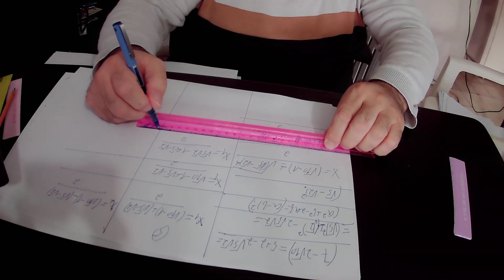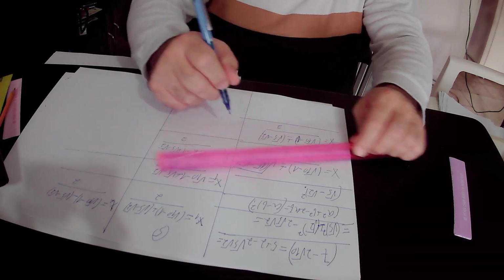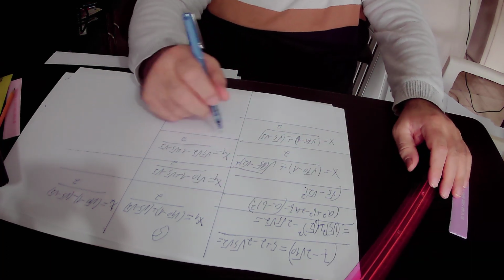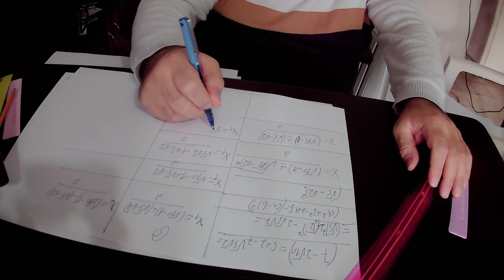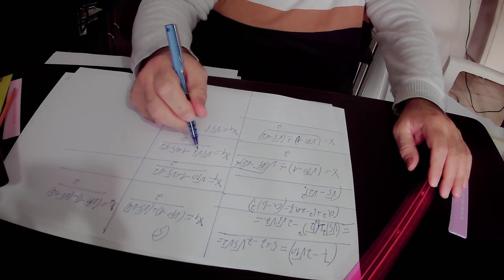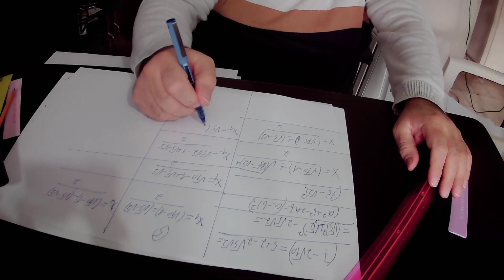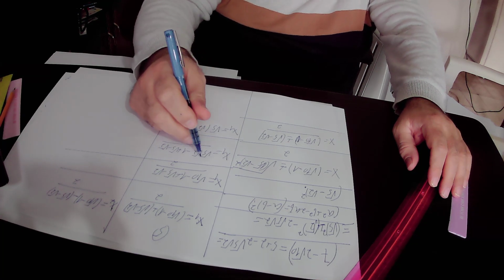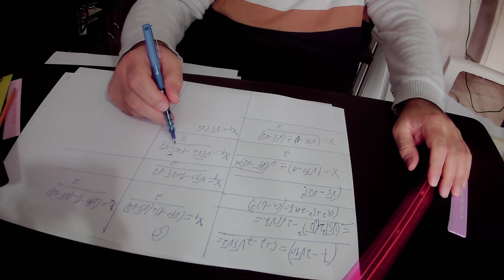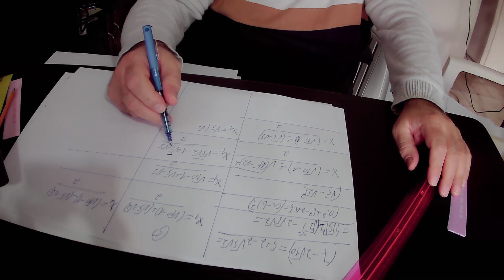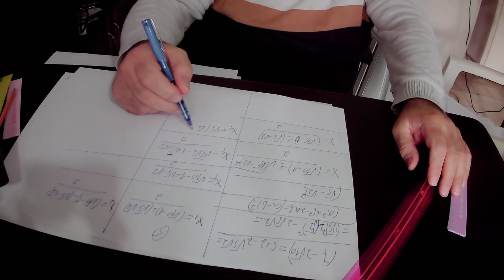So here we will take square root of 5 as a common factor, and we will get that square root of 5 is a common factor. Here inside the brackets we will have square root of 2, and here we took square root of 5 as a common factor. So what is left from square root of 5? What is left is actually plus 1.